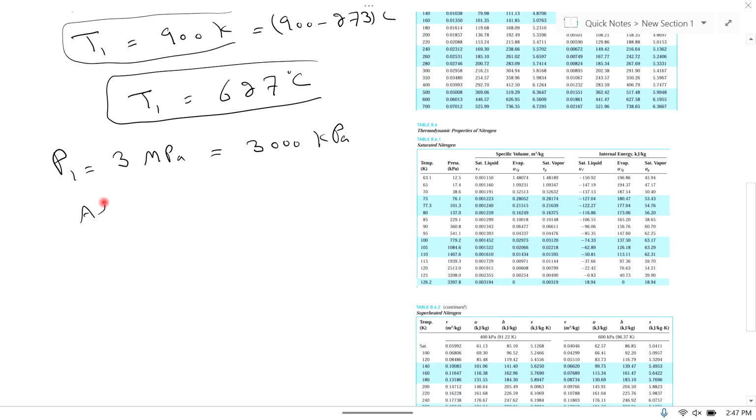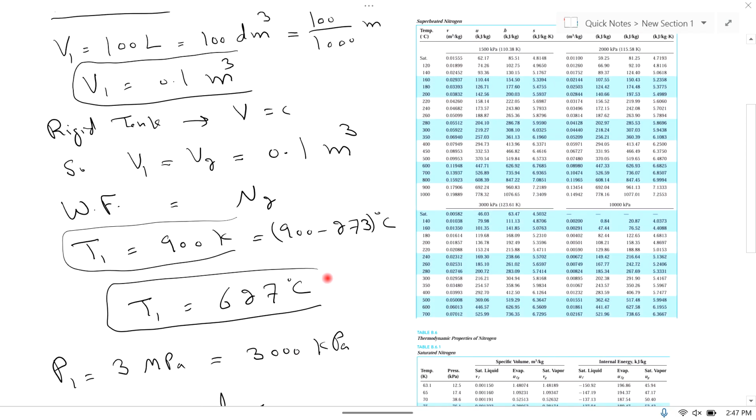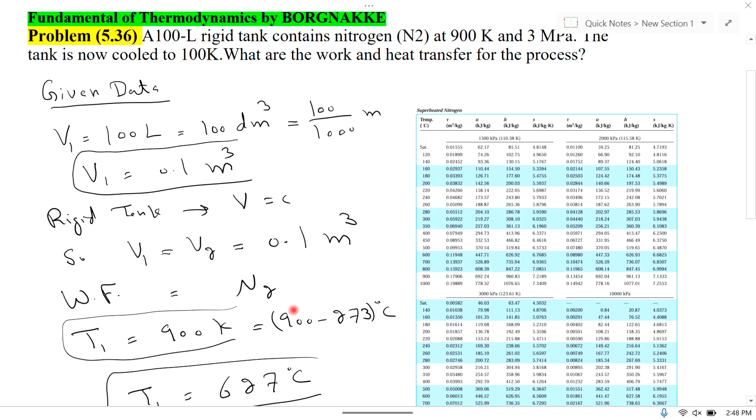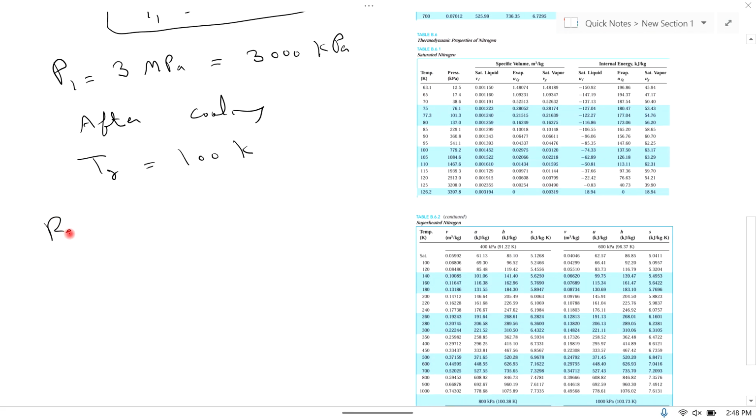After cooling, the temperature T2 is equal to 100 Kelvin. What are the work and heat transfer for the process? Required is to find work and heat transfer.